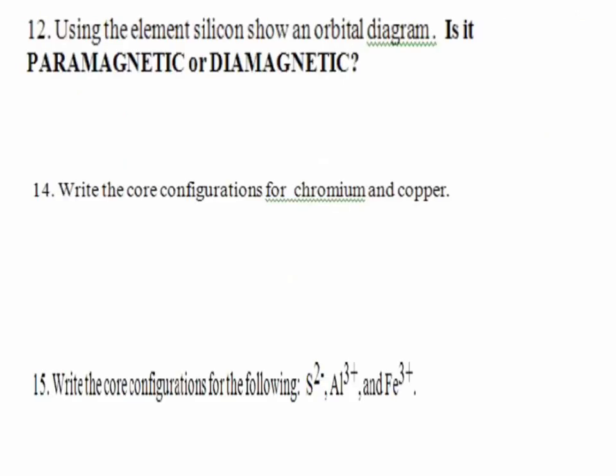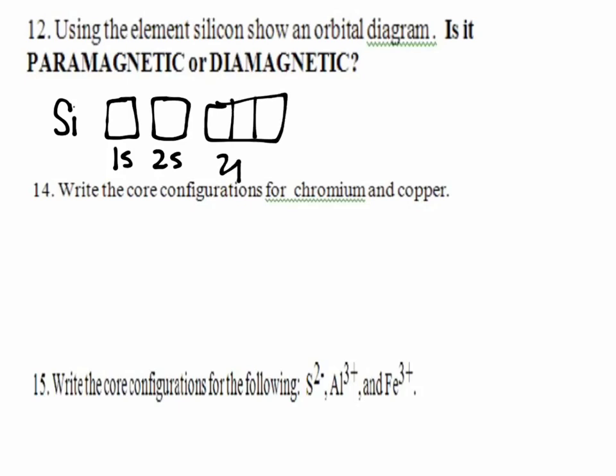Go practice those. So what I want to talk about is paramagnetic versus diamagnetic. The very first thing says, using the element silicon, show an orbital diagram. So I'm going to do silicon. We have 1s, 2s, 2p, 3s and 3p. Do we have these boxes?